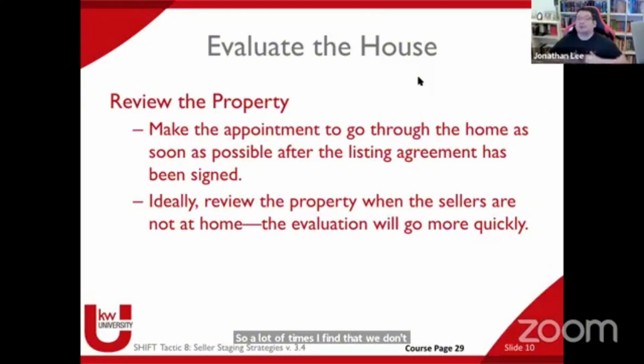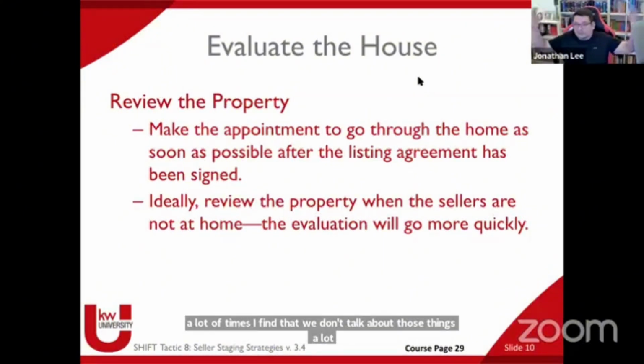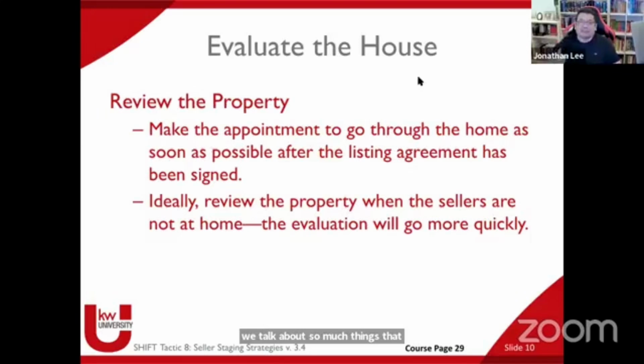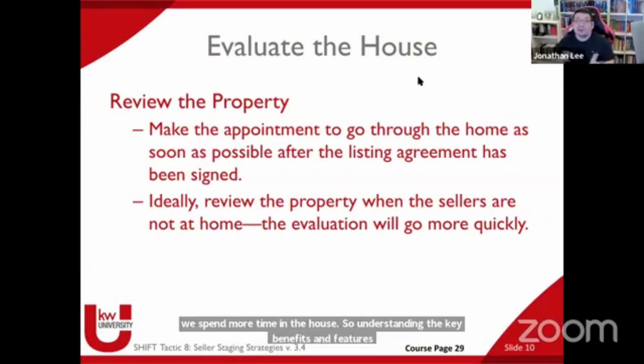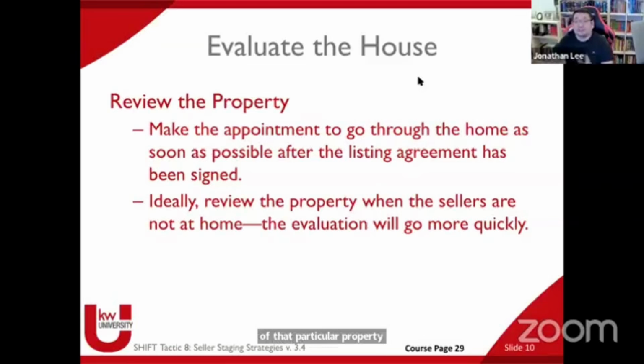We talk about so many things like swimming pools and gyms and all that, which most of the time, most people don't use, right? But we spend more time in the house. So understanding the key benefits and features of that particular property, right? And the opportunity to improve that particular property is important. So you need to understand his and her needs when you look at a house from a buyer standpoint, right?